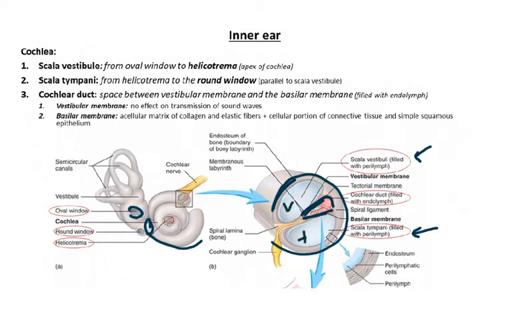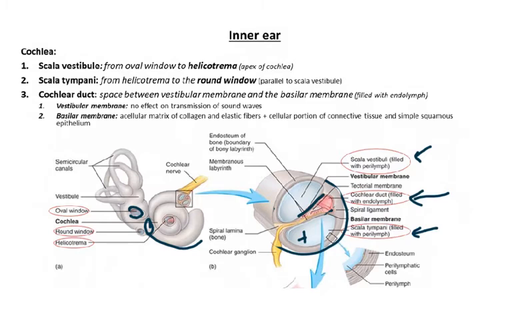But this in the middle, the membranous labyrinth, is also called the cochlear duct, or the cochlear duct is part of the membranous labyrinth. The scala vestibuli has this bottom layer called the vestibular membrane. So that's this region. It forms the top of the membranous labyrinth.